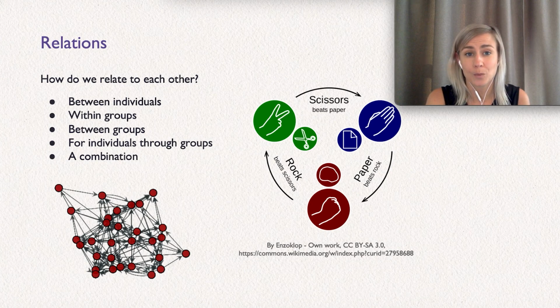You can also work with it for individuals through groups. So maybe by creating different groups and then letting each character be a member of at least 2 groups. And these groups could be based on occupation, like nobles, magicians, and farmers.